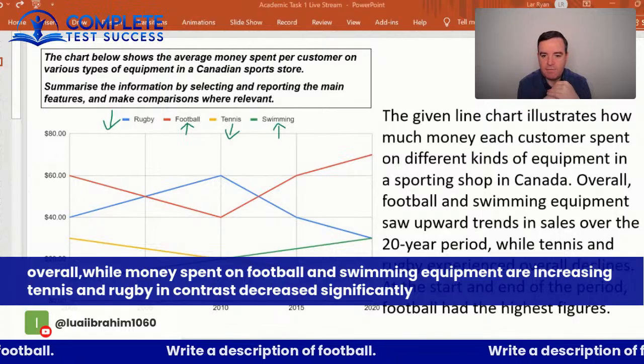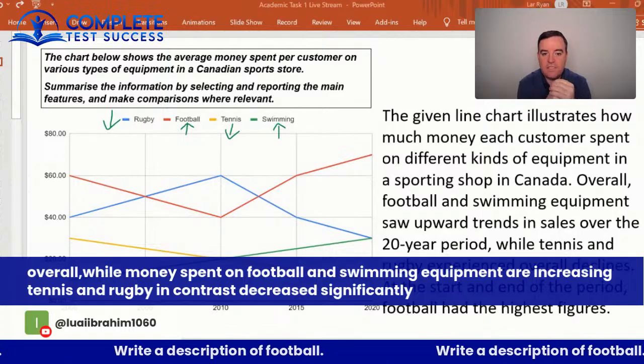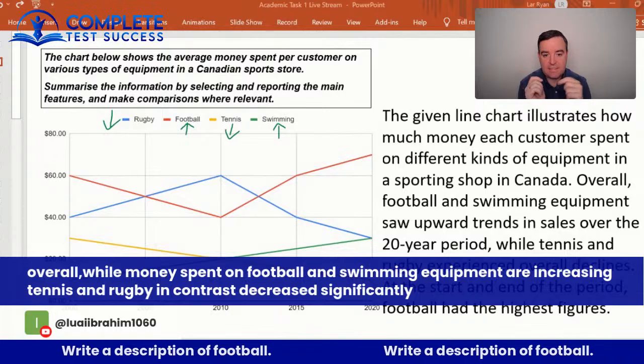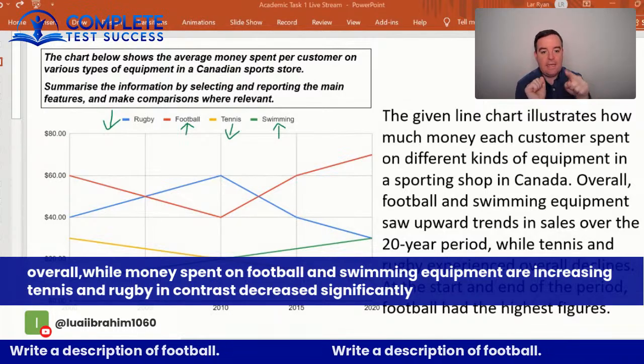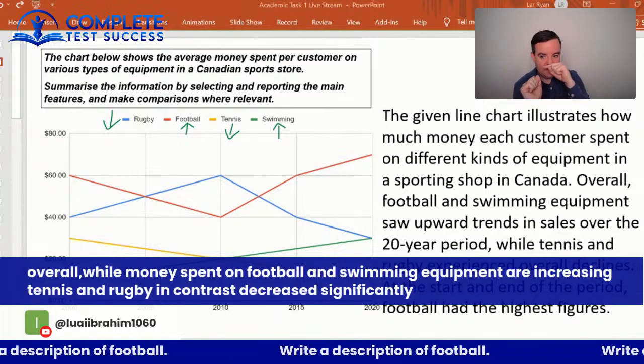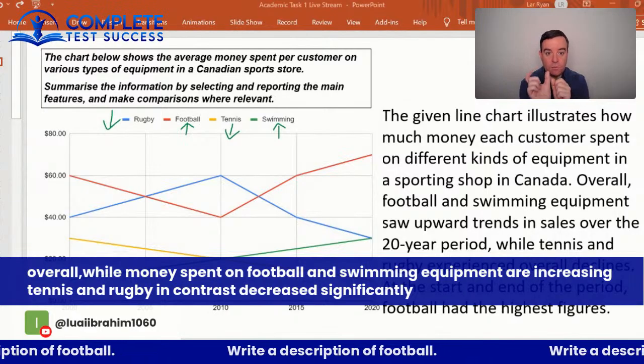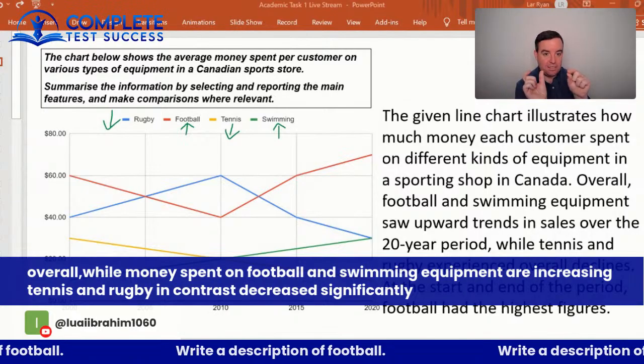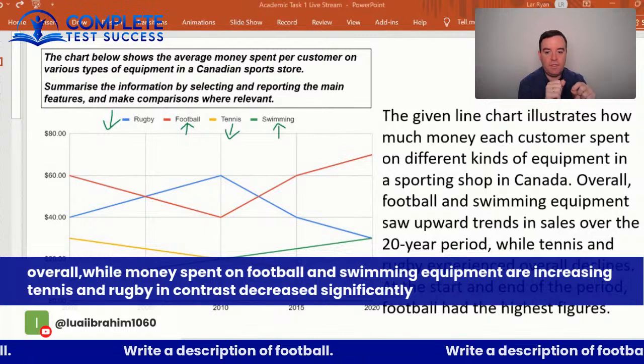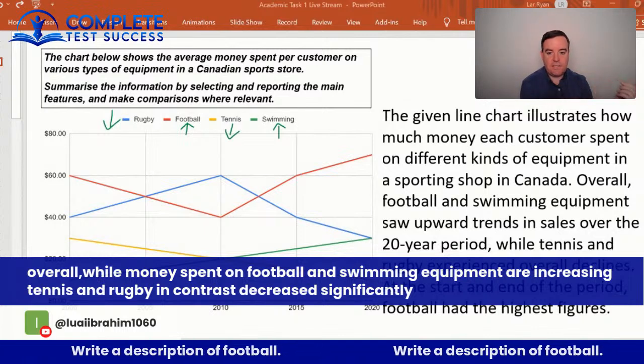While money spent on football and swimming equipment are increasing, it has to be in the past. It's past tense, so it increased. And then another comma, because you're separating those with the word while. So while these ones increased, comma, tennis and rugby, in contrast, decreased significantly.